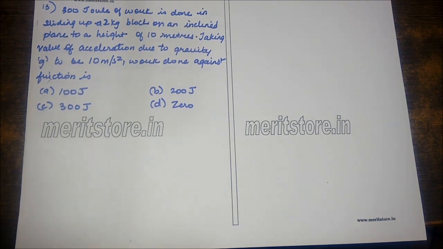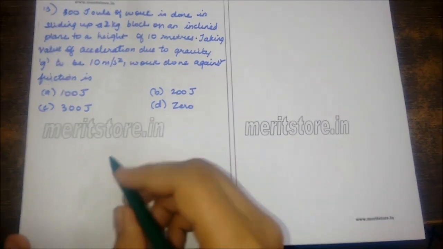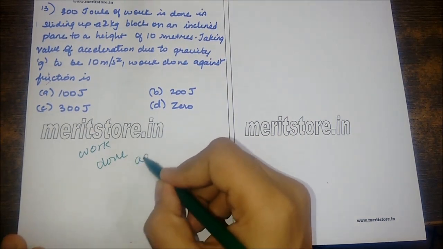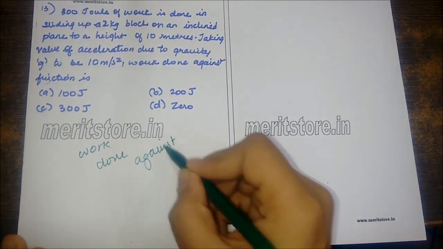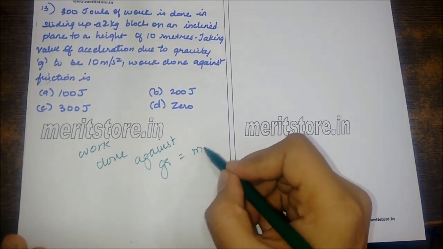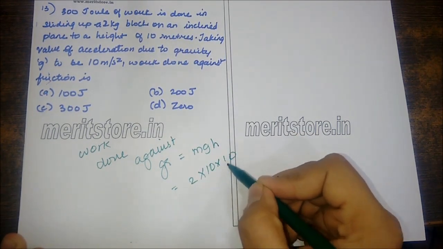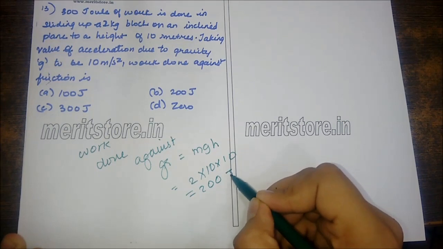Now to solve this question, we know that work done against gravity is equal to mgh, which is 2 into 10 into 10, 200 joules.